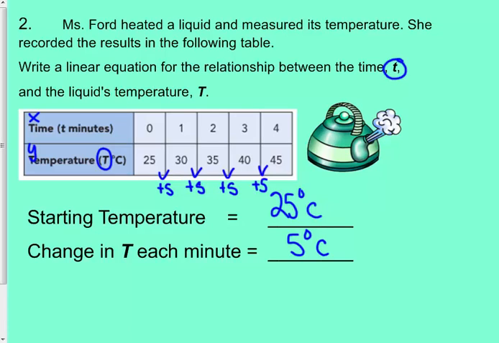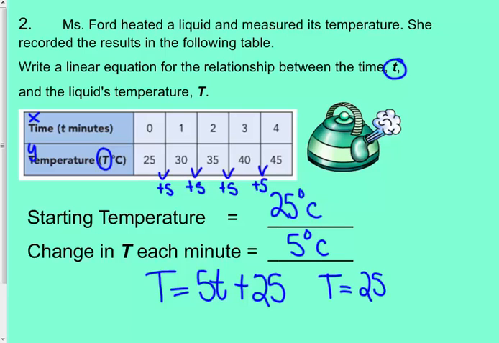So my temperature of the liquid, capital T, to solve for that, I would take the change each minute of 5 degrees times each minute, but I would have to start with that 25 degrees. So that starting temperature gets added on. And yes, you could say capital T equals 25 degrees to start with, plus 5 degrees each minute. So you could switch that because, again, addition is commutative, so that's okay.